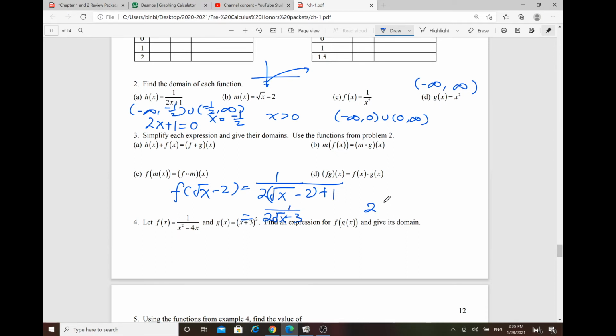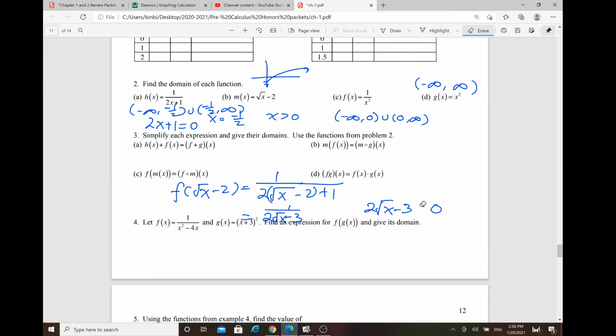So that means 2 root x minus 3 must be greater than 0. And then from there you want to solve for x. Again, it's non-linear. Well, let's see. So we do have two conditions here. So 2 root x must be greater than or equal to 0.